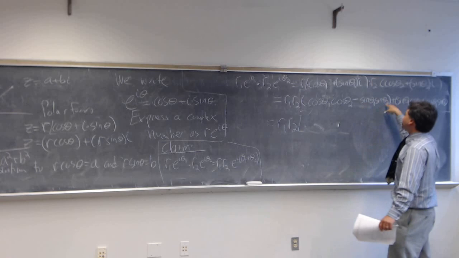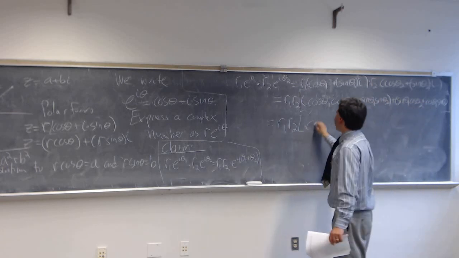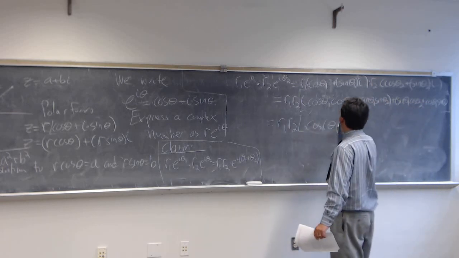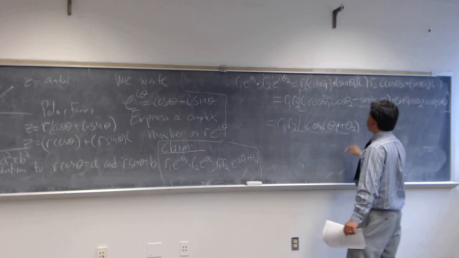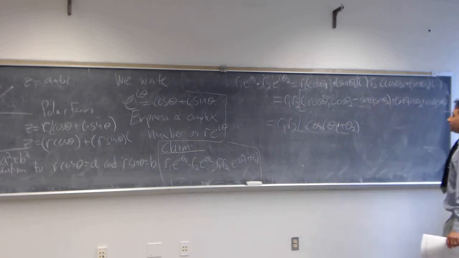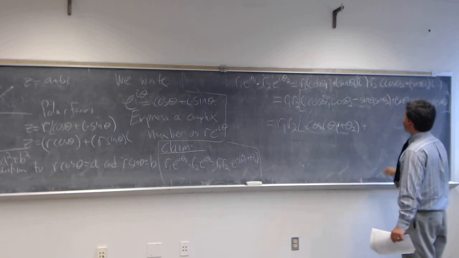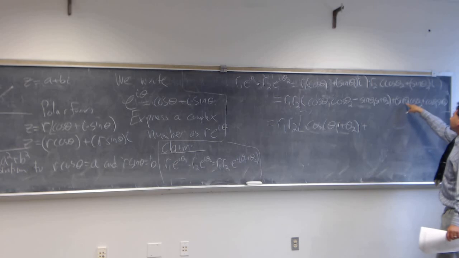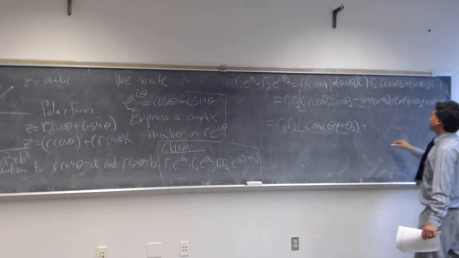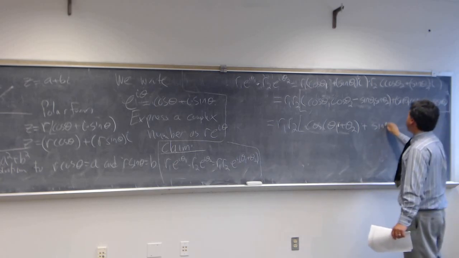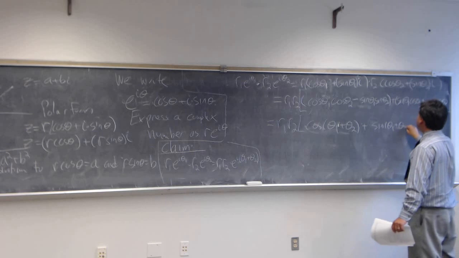Cosine, cosine, minus sine, sine. That is exactly cosine of theta 1 plus theta 2. Then we have a plus sine, cosine, cosine, sine. That's sine of theta 1 plus theta 2.